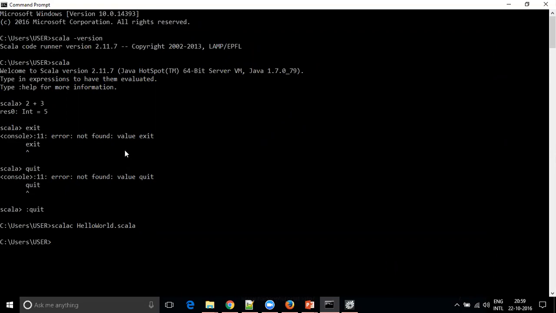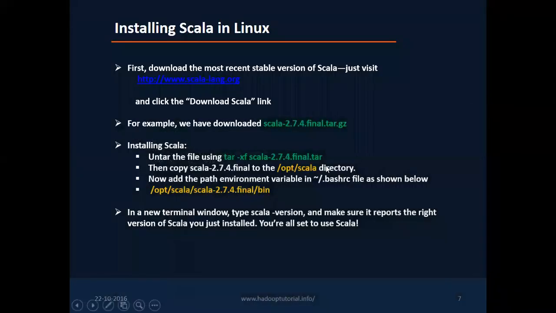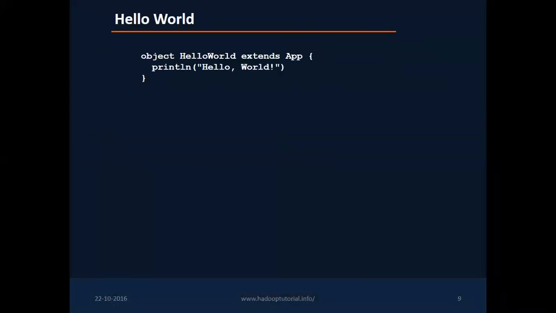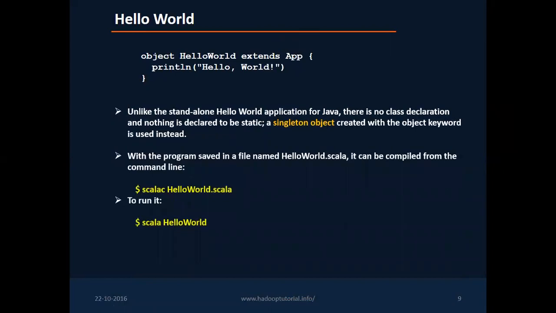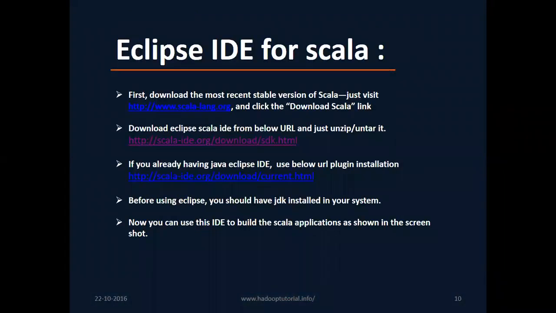So is it that you want to practice on your cluster, on your edge node? If that's the case, you can just download it on your edge node, untar it, put it in a folder, and then access the scala command from the bin folder. You'll get the shell open. Okay. Sometime I will show you on our quickstart VM also. Then you'll get to know that as well.